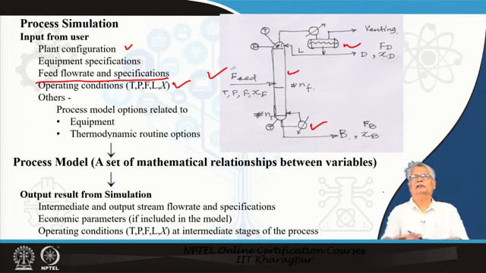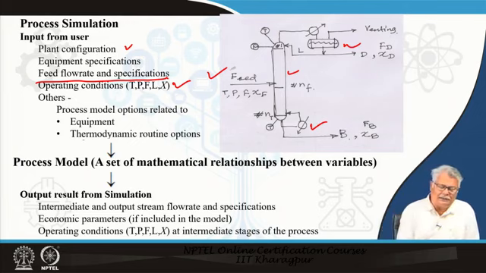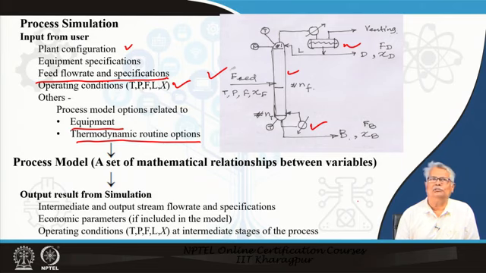For example, you definitely are aware that you have used different types of equations during your distillation design. You have used the shortcut method, you have used methods for multi-component, you have used the Ponchon-Savarit or McCabe-Thiele method, and there could be a few other methods also. And there you have very intimately used the thermodynamic properties, and choosing these thermodynamic properties belongs to the process model options, where in the equipment modeling you may have to choose whether to have a shortcut model or a detailed model of a particular equipment.